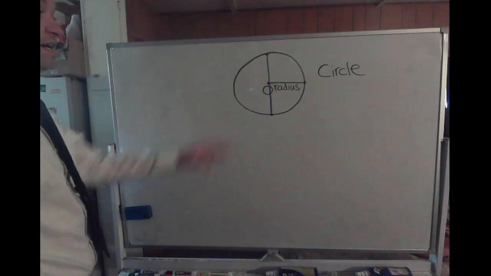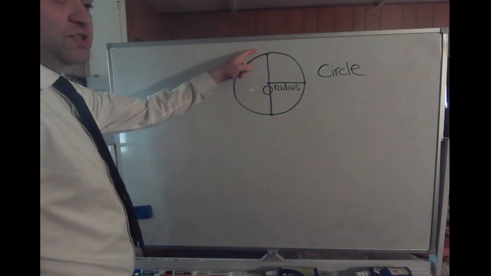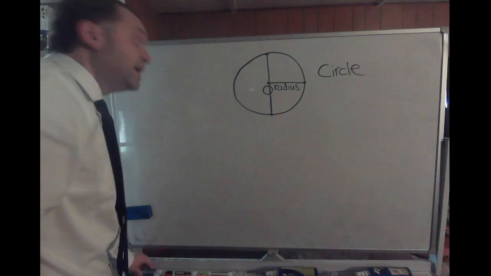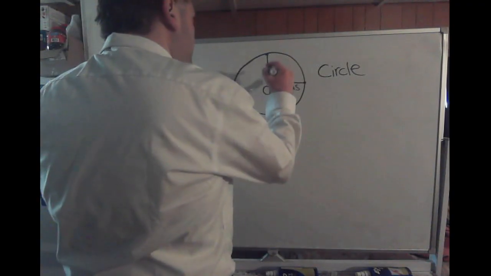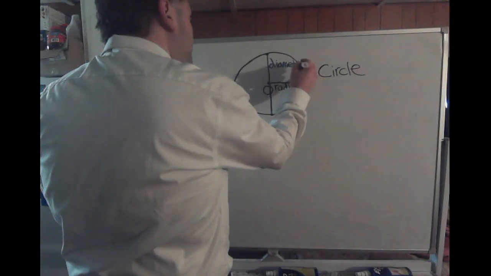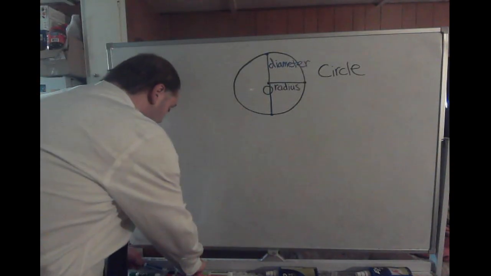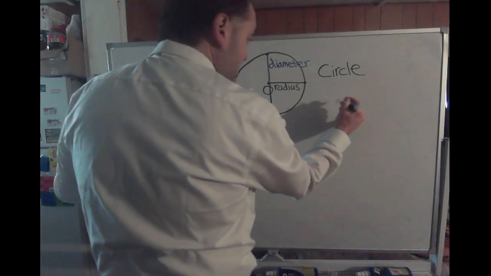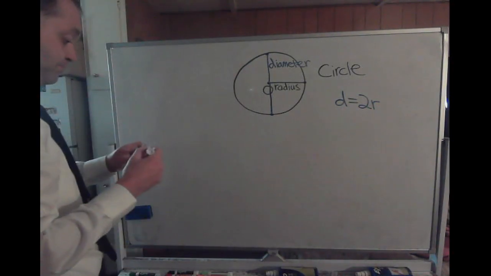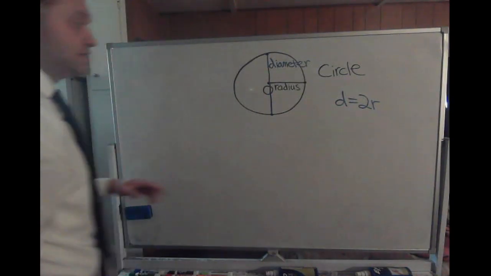If you have a line segment that runs from one endpoint on a circle to another endpoint and runs through the center of the circle, that is called the diameter. In blue, we have the diameter. And it's also true that the diameter is equal to twice the radius.